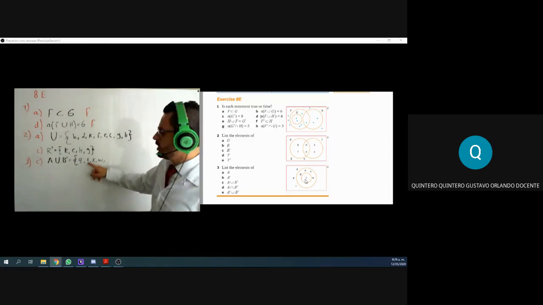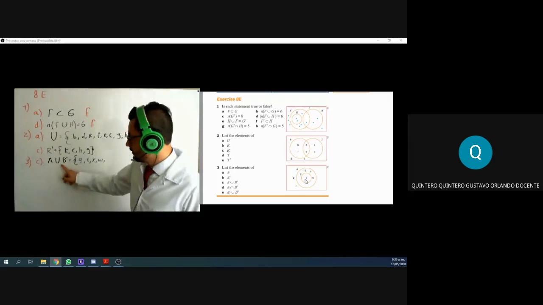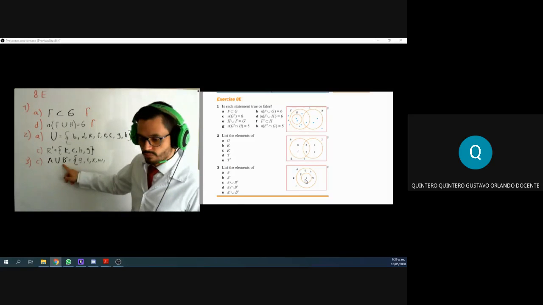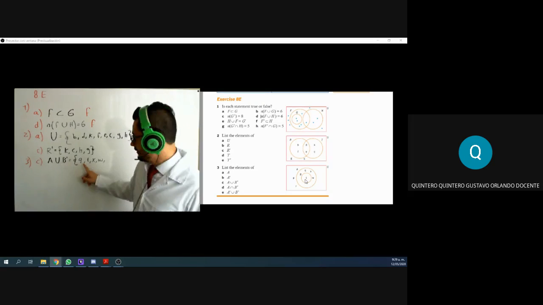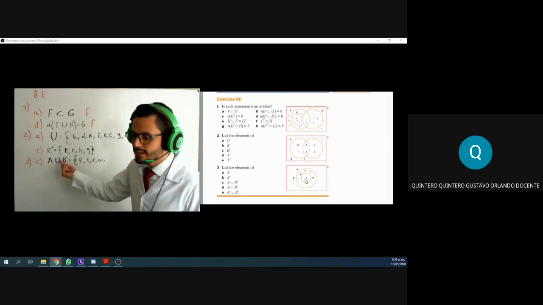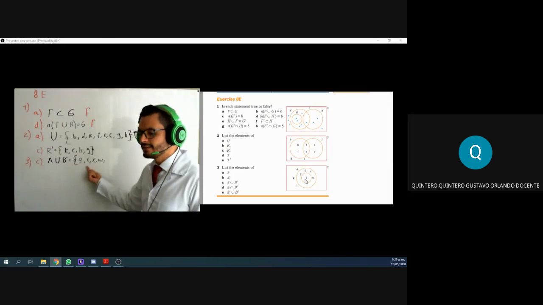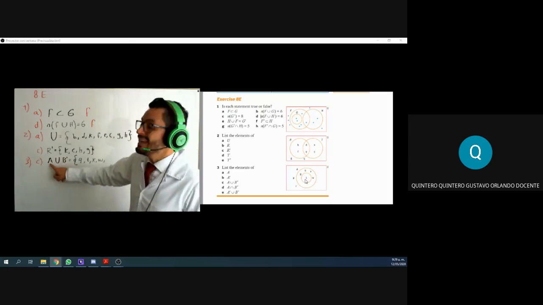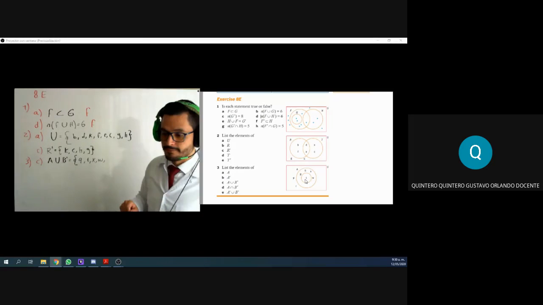So even though T is outside the complement of B, you are still going to include it in this entire listing, simply because it is in A. Got it?